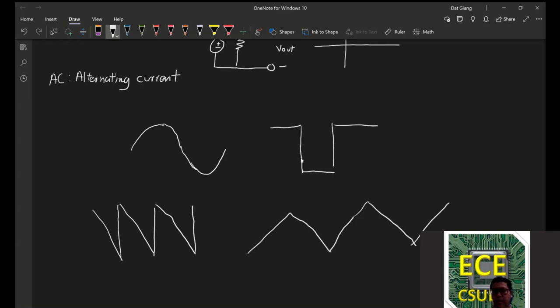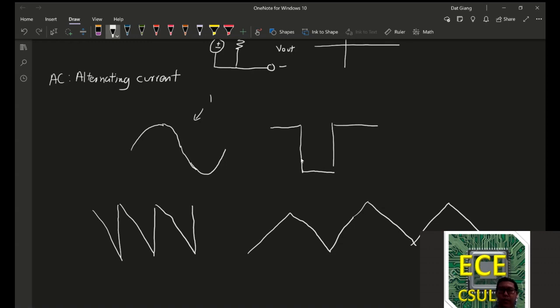And actually, all these signals are derived from an AC signal. In EE3020, you'll hear this concept called a Fourier series, and we can use Fourier series to approximate a square wave, a sawtooth, and a triangular wave respectively, or any other kind of alternating wave with a measurable period, as a sum of sinusoidals.